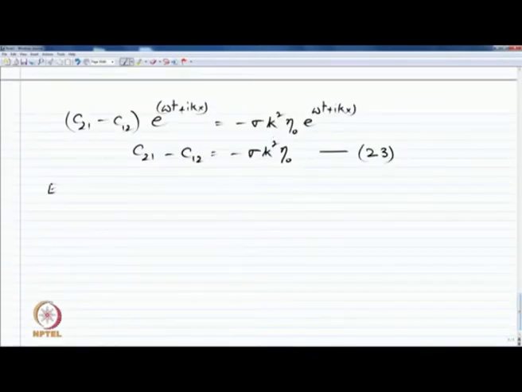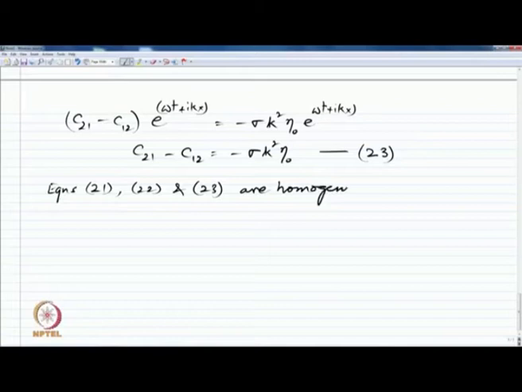So, we have equations, just as a quick recap, 21, 22 and 23 are homogeneous equations, and we have 3 equations 21, 22 and 23 in 3 variables C12, C21 and eta naught, and we want to find a solution that is non-trivial where neither of these quantities goes to 0.